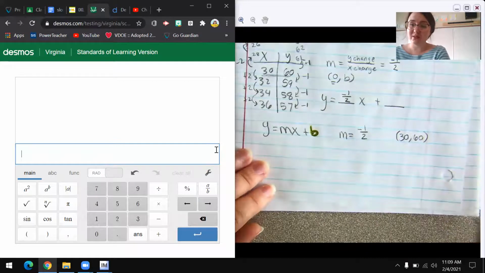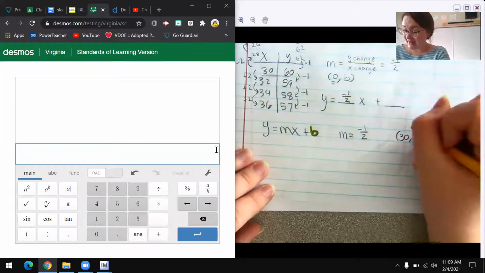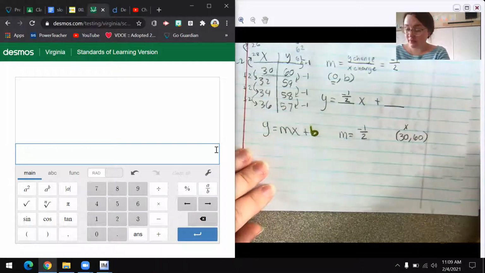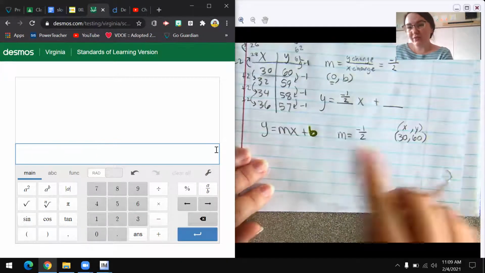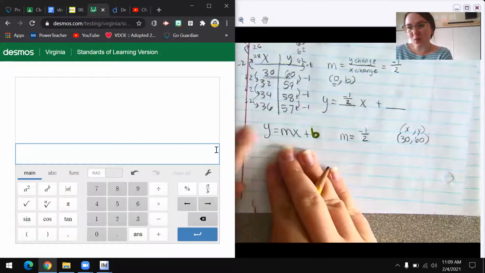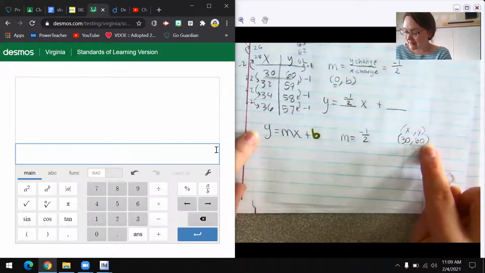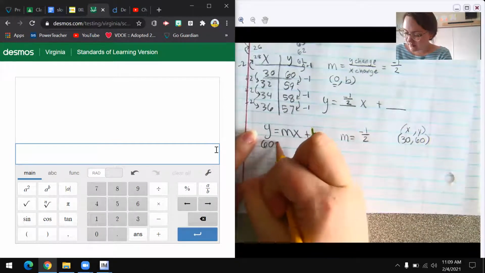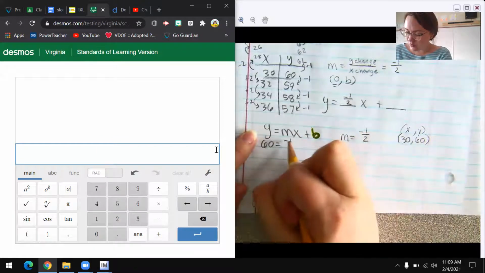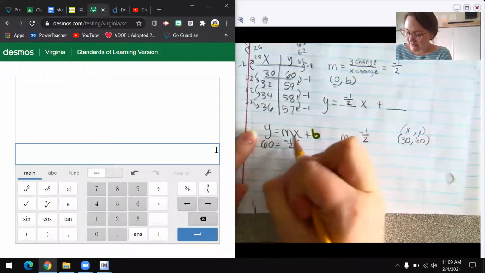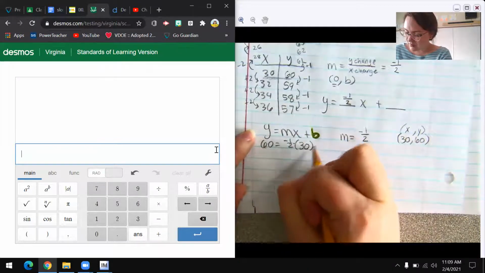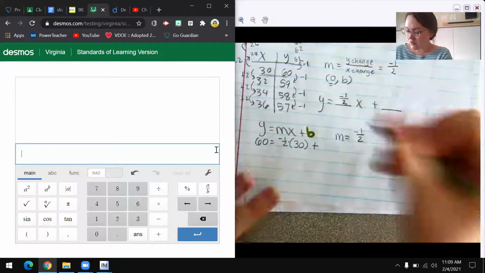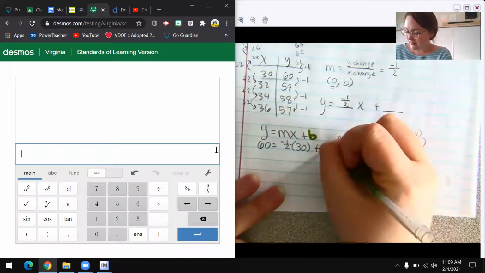So what actually is an ordered pair? An ordered pair is an x input and a y output. So I actually have numbers that I can plug in for x and y. My y is 60. My m was -1/2 times my x was 30 plus, we don't know, that's the b.